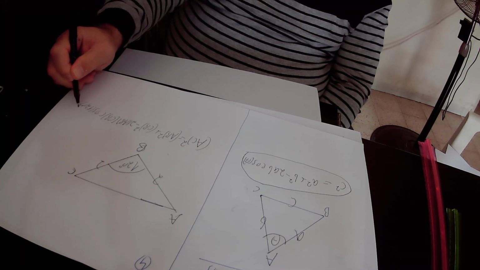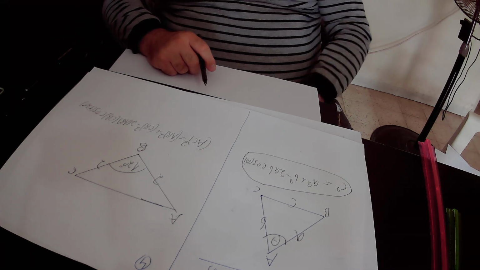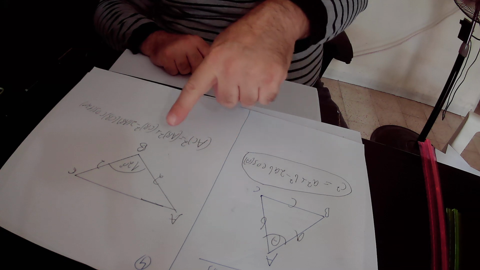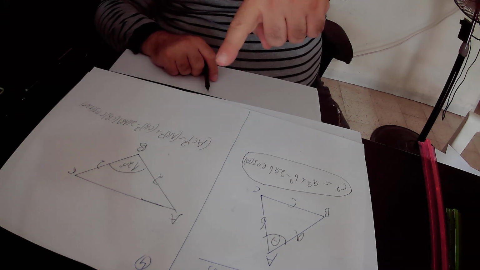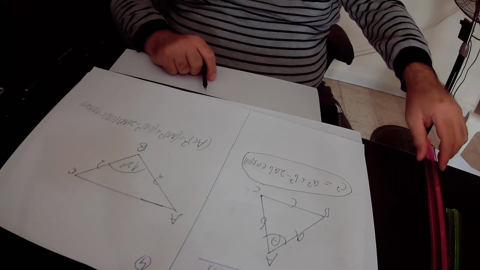So this equation is the implementation of the law of cosines in our triangle ABC: AC squared equals AB squared plus BC squared minus 2 times AB times BC times cosine 120 degrees.